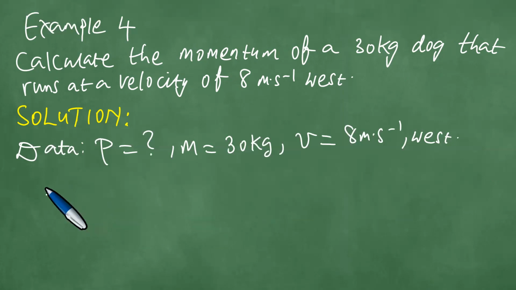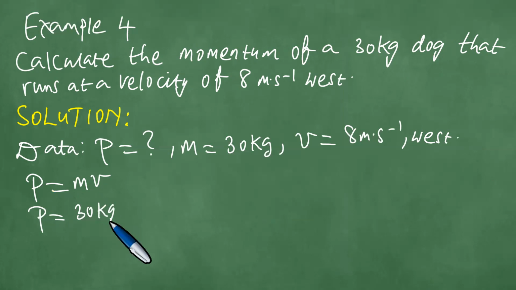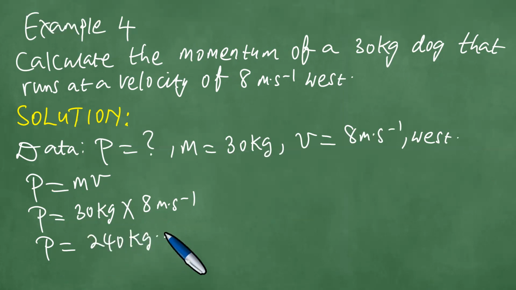So we're interested in finding the momentum, which means the momentum is mv. The mass is 30 kilograms, the velocity is 8 meters per second. 30 by 8 is 240. Well done. 240 kilograms meters per second. Obviously, with this we're able to see that it is in the western direction. So we found the momentum.